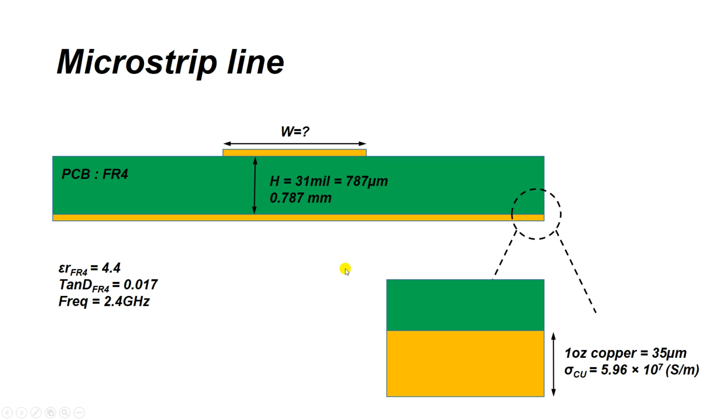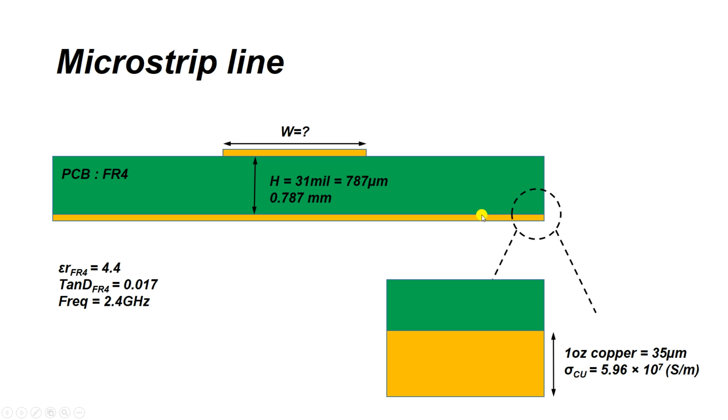The other important parameter that we need to know is the thickness of this metallization. I chose 1 ounce copper, which corresponds to 31 micrometer. This is again a standard value for this implementation.